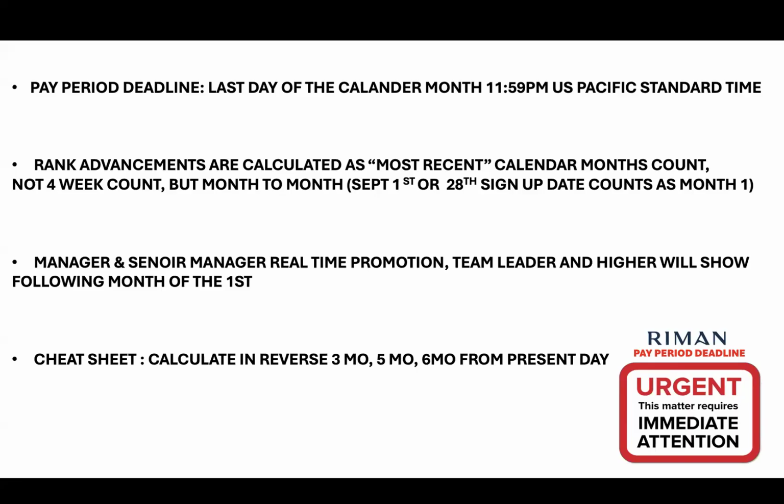Within those 3 months, 5 months, those are the calendar months that, if you accrued the qualifying points within them, qualify you and you get the job done. So that's a little cheat sheet for you to remember. Just from whatever calendar month you're in, calculate 2, 3 months or 5 months backwards, and then you'll be able to see how much cumulative volume you have done to calculate your rank advancement.